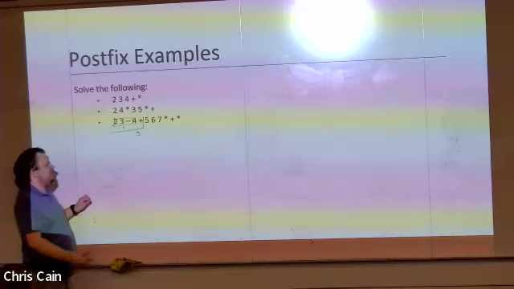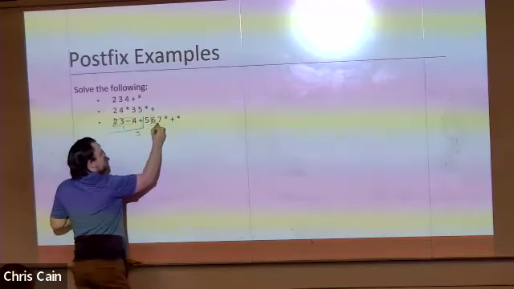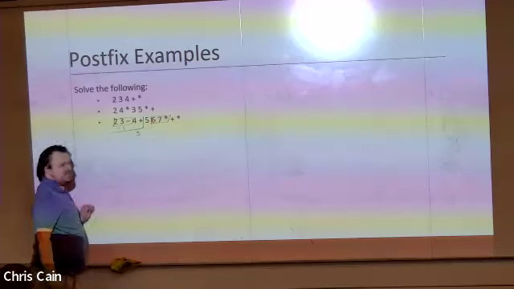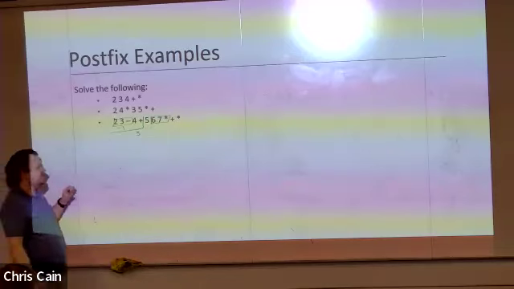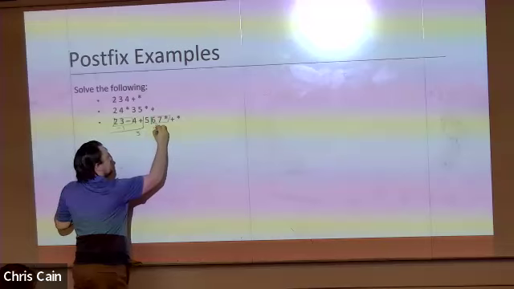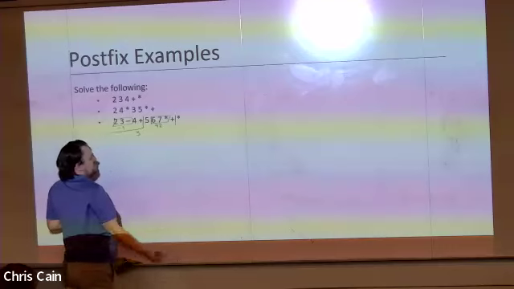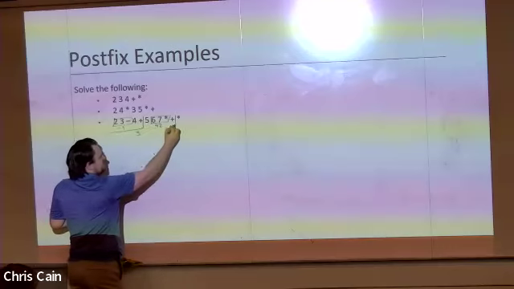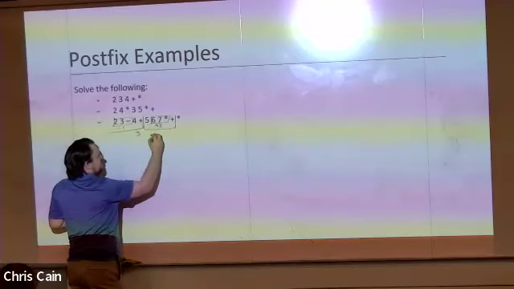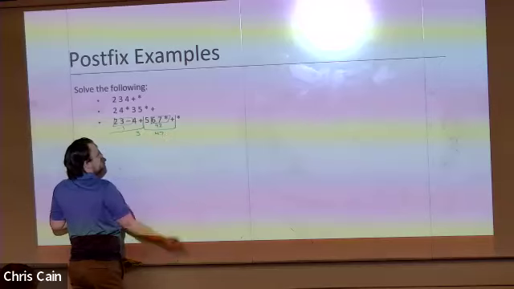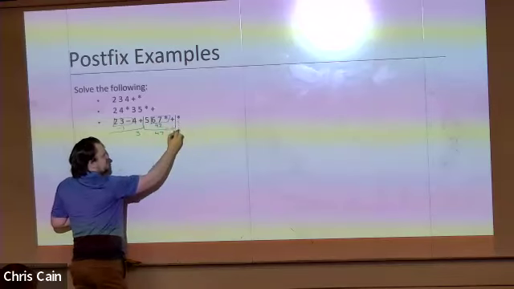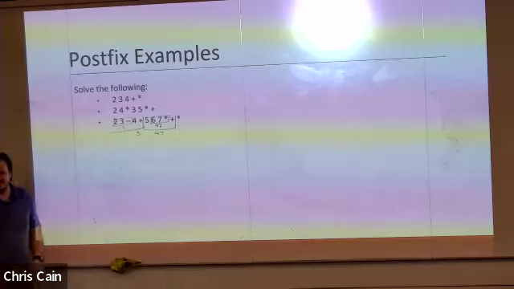So this times is going to operate on the 6 and the 7. That's gonna give us 42. The plus is gonna take the last two elements on the stack, the 5 and the 42. That's gonna give us 47. And then this times drops down and it's gonna evaluate 3 times 47.